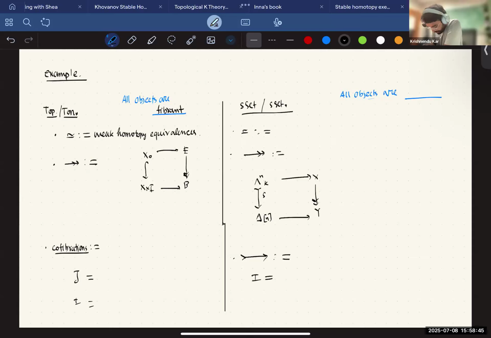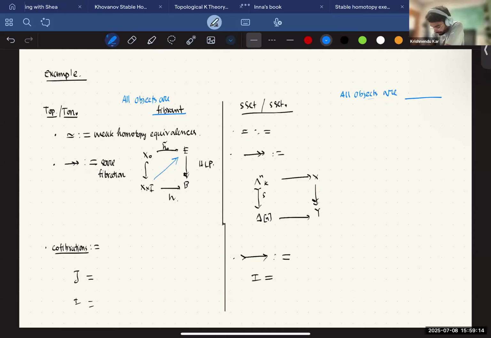Your fibrations are the Serre fibrations. What are they? Let's talk about the homotopy lifting property first. If I have a homotopy X cross I to B, and I have the lift A0 tilde here, that means I can lift this entire homotopy over here.